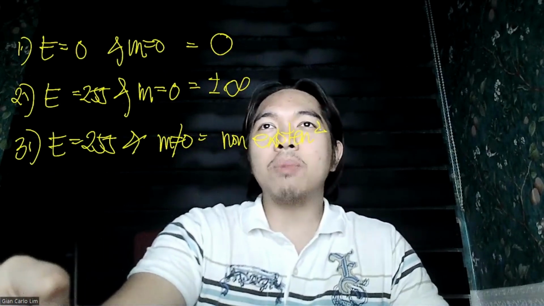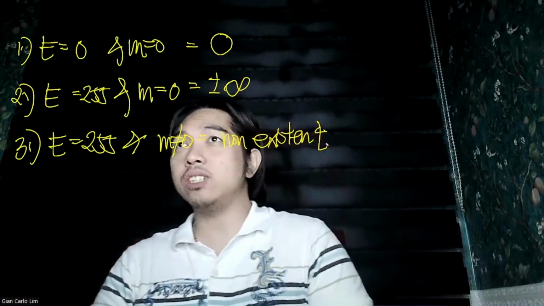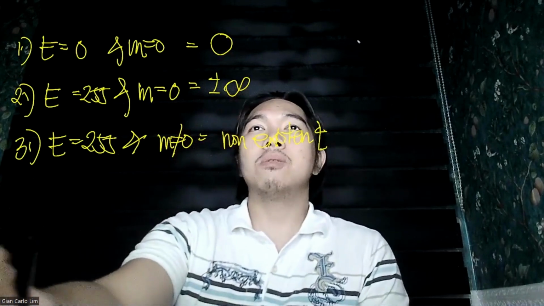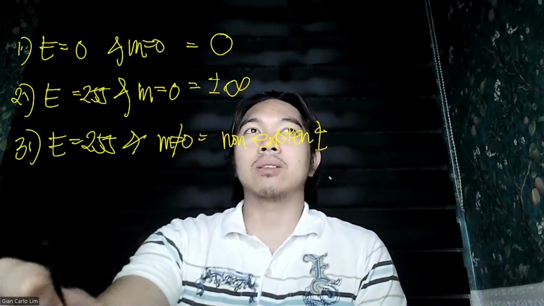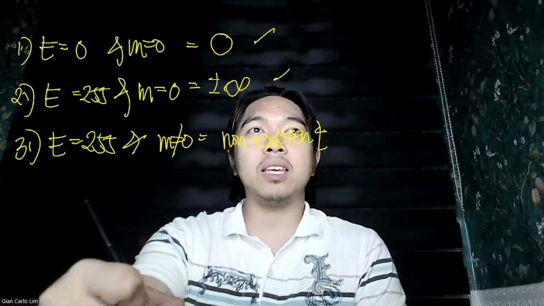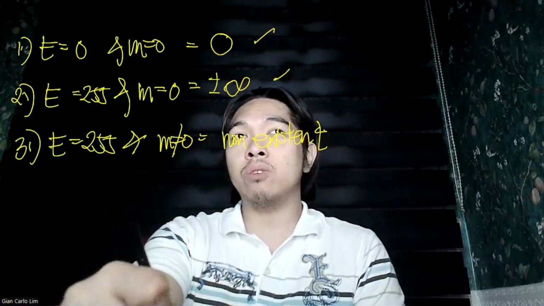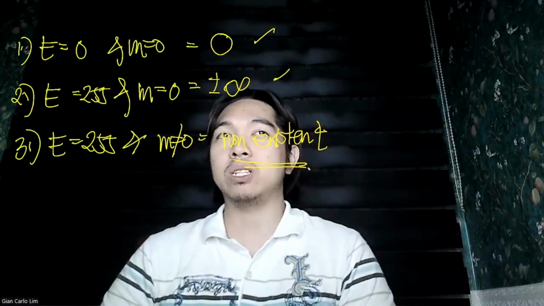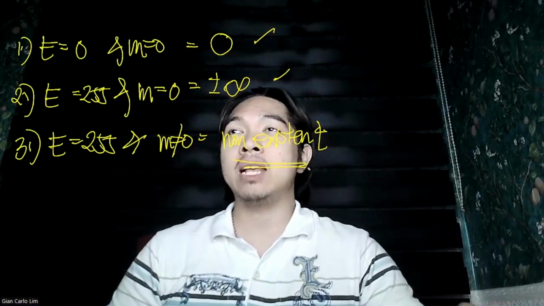So, pag nakita niyo itong mga condition na to sa representation, agad-agad makikita yung sagot. Pag 255 and 0, infinity. Pag 255 and not 0 yung mantisa, that means non-existent yung number. So, yun lang yung mga dapat niyong tandaan dyan.